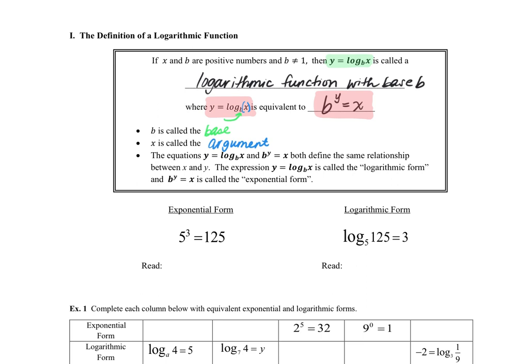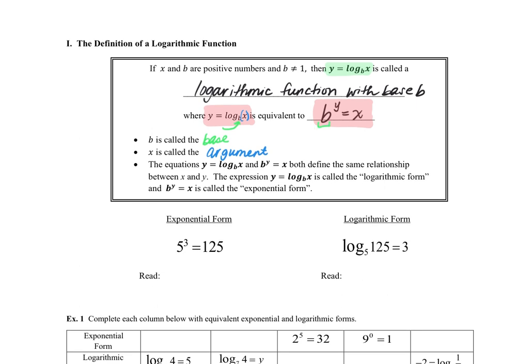Now, looking at the exponential form, again, notice the base is b, so this is our base. And remember earlier, we said that a logarithm is simply an exponent. So when we have y is equal to log base b of x, this logarithm is equal to y, we see that the exponent is y. A logarithm is essentially an exponent. So the third bullet down here, remember, this is saying that these two expressions define the same relationship.